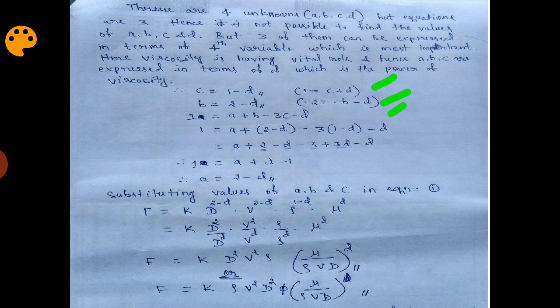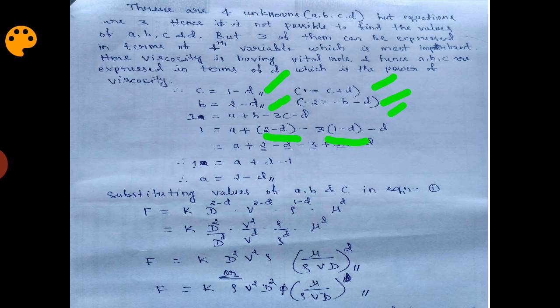It is simplified. Then 1 is equal to a plus b minus 3c minus d will be simplified by substituting: a will be kept as it is, in place of b we substitute 2 minus d, and in place of c we substitute 1 minus d. So it is substituted here, you can see.